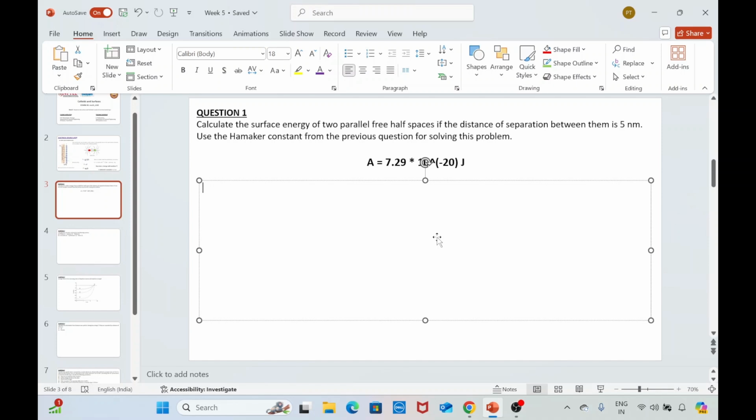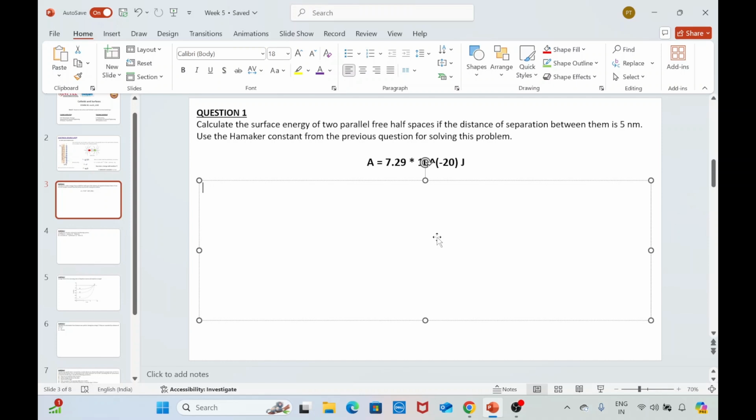That recording is also available, but it is better if you remember the expression for the two flat surfaces. If not for the spheres and the cylinders, at least remember it for the two flat surfaces.